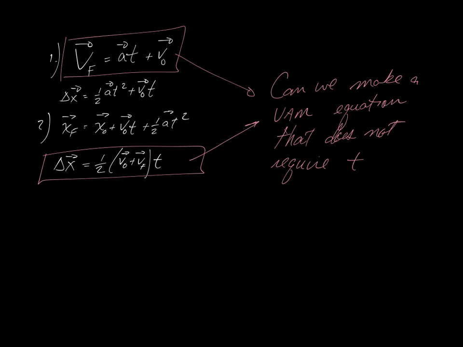Okay, so here we go. Make a new page first. I'll do this on another page. I'm going to take the simpler one, and my strategy is going to be to solve a simpler equation for time.